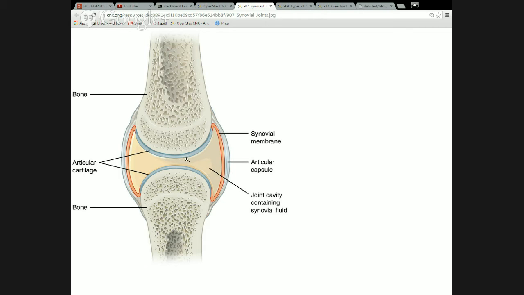So really, again, this is exaggerated to highlight what the synovial space looks like, but if that much fluid were actually found between two bones, you'd really be talking about arthritis at that joint. Okay. But that's your basic setup for a synovial joint.